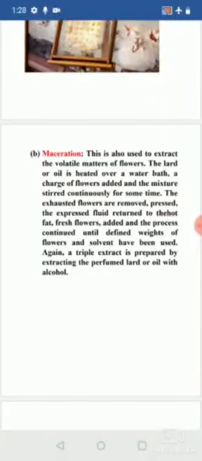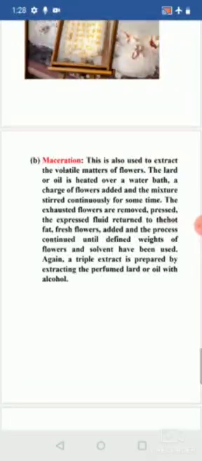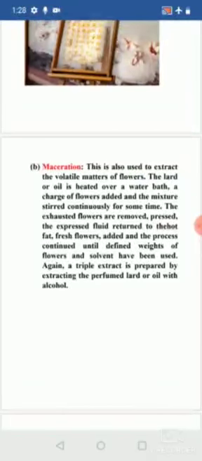For example, if you have taken 1 kg of flowers, you are going to use 5 ml of the solvent. Till the 1 kg of flowers has been used, you are going to carry out the maceration process. It means you keep on adding the flower petals to the continuously heated lard or oil. Once they are exhausted, you remove them and press them on the strainer to remove the oil or volatile oil.